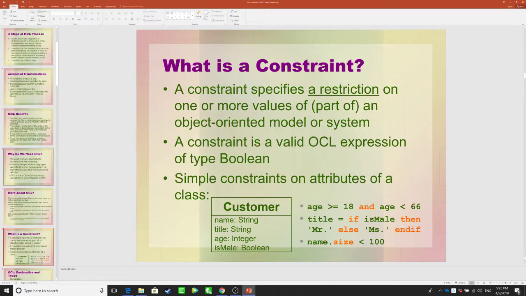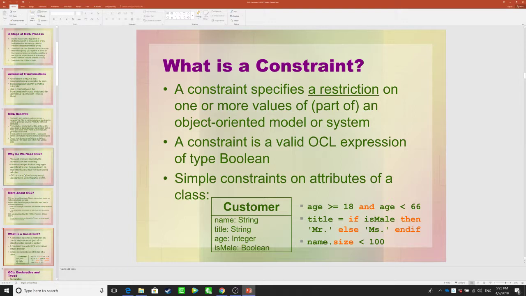So what is a constraint? A constraint specifies a restriction on one or more values of an object-oriented model or system. When you have a UML class diagram like this, you have a customer class with different attributes: name, title, age, is male.